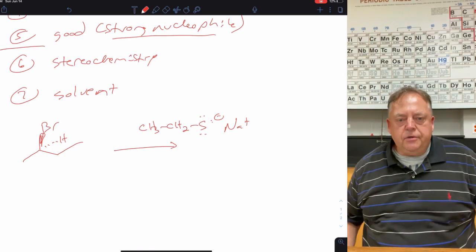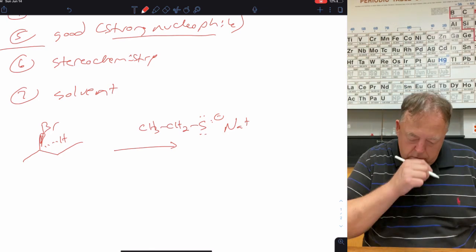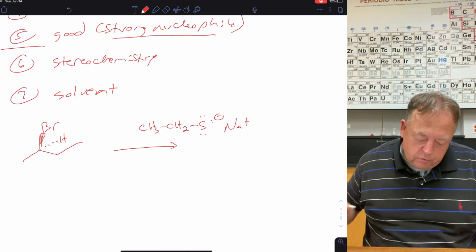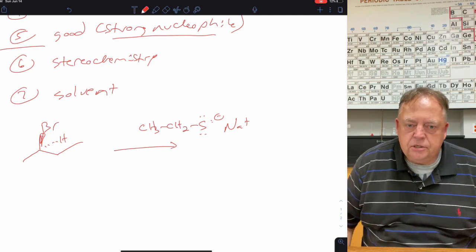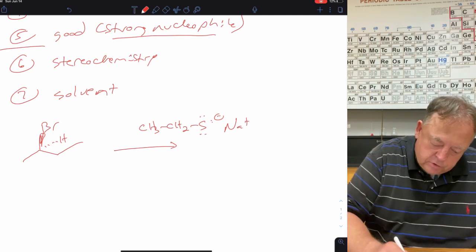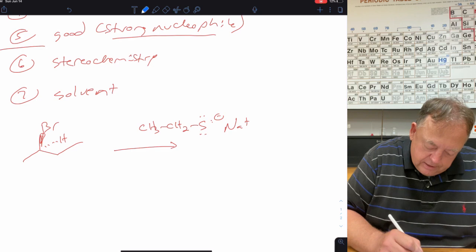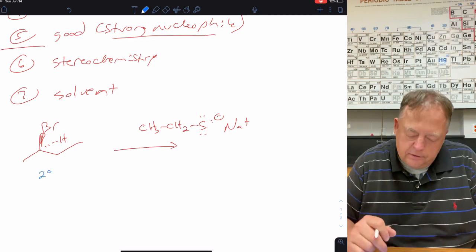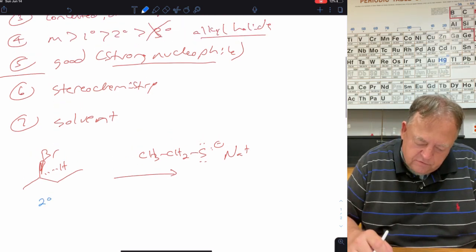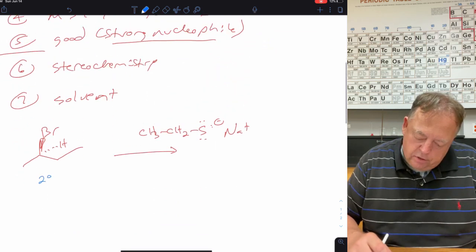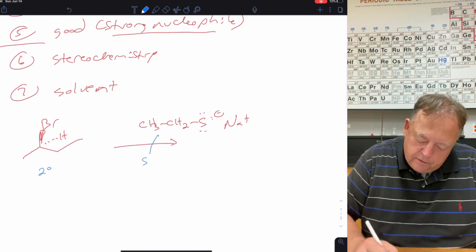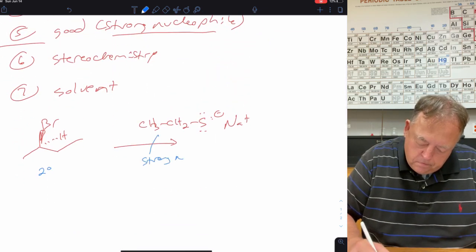So if we reacted with that nucleophile, first of all, characterize the conditions. Is this the conditions for an SN2? How would you classify your alkyl halide? It's secondary. That's fine for SN2. It's not ideal, but it's fine. And then your nucleophile is a strong nucleophile. So that's the conditions for an SN2.